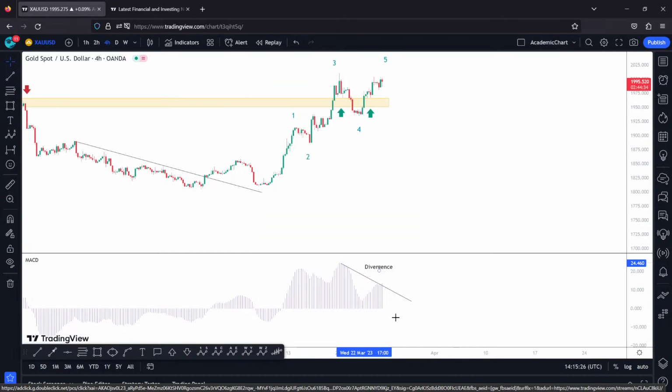And this is happening, as you probably know, when price is creating higher highs, but at the same time, we can see on the oscillator, it is creating a lower high instead of a higher high. And by the way, this is by default based on the close time of the candle.